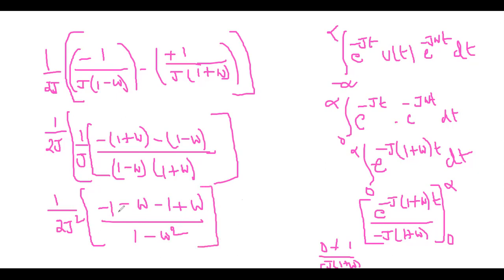Okay, and here the 1 plus omega minus omega get cancelled, minus 2 by 2j square into 1 minus omega square. 2 get cancelled, and j square is minus 1, minus also get cancelled. 1 by 1 minus omega square.